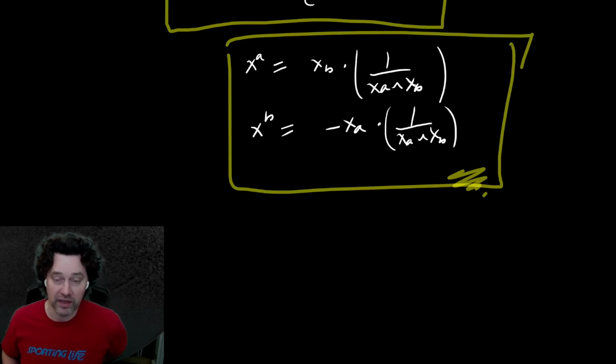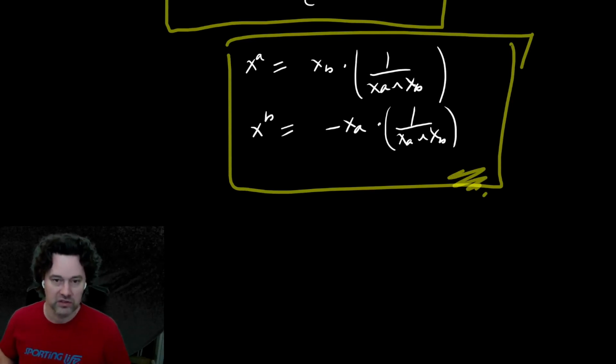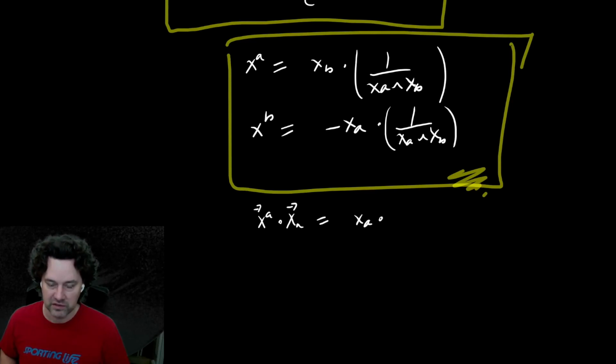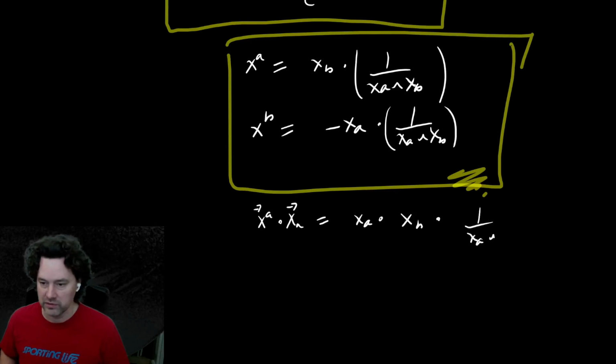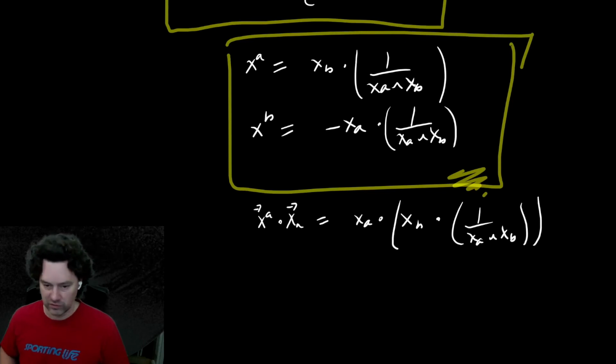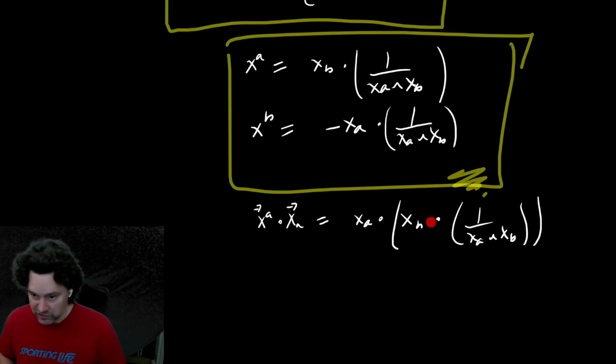Let's see why that works. So if we want to look at why this works, let's form xa dotted with xa, say. So if we do that, we have xa dotted with xb dotted with 1 over xa wedge xb, which, once again, here's our distributed form.